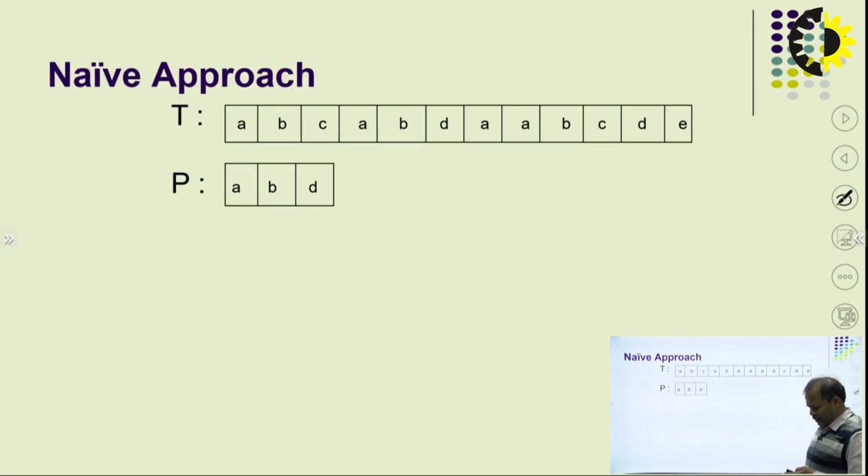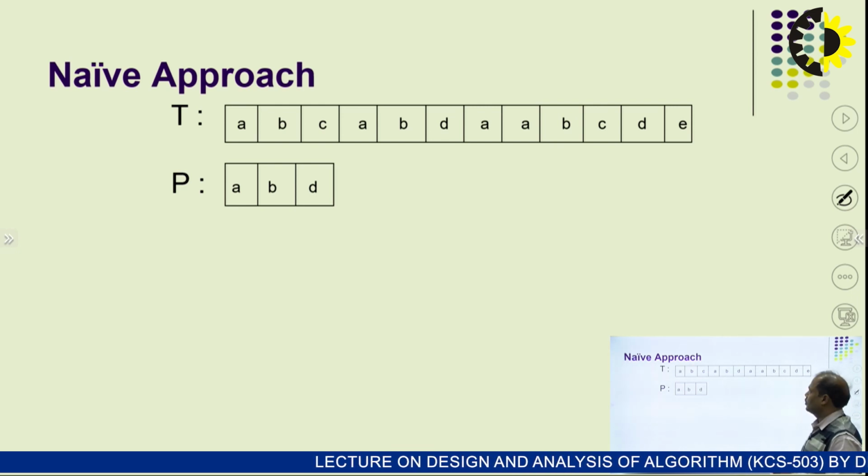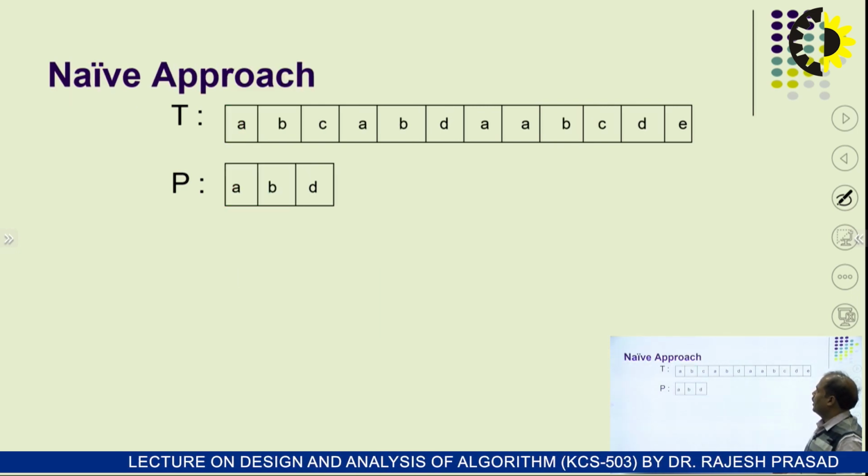So the very first method of string matching, which everybody is aware of, is the naive approach, the brute force approach, and this algorithm has many drawbacks because of its time complexity. We'll see how we can improve the naive approach.